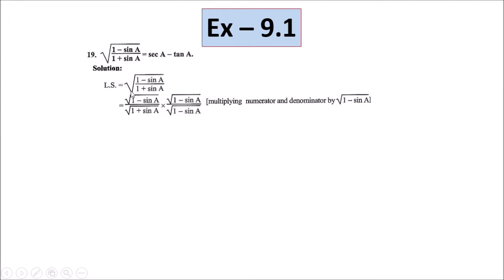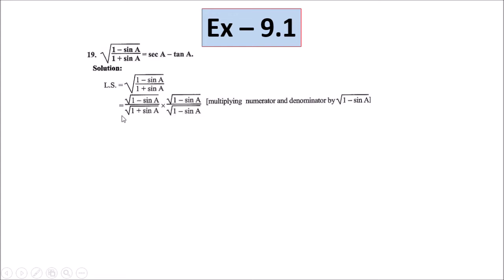There is a number, what it is I don't need to know. The denominator, that number's conjugate. So for 1 plus sin a, the conjugate is root over 1 minus sin a. I multiply with numerator and denominator, so it remains the same, because in the numerator and denominator the same part we can remove. That way we can multiply in both parts.